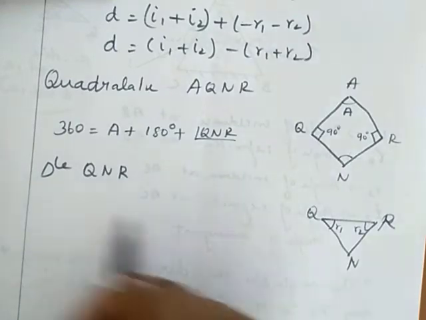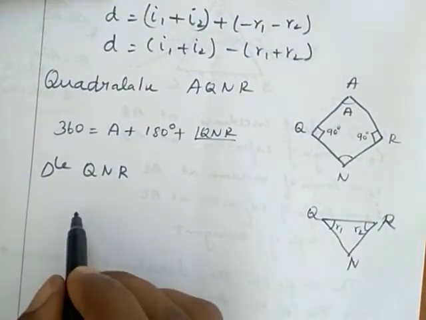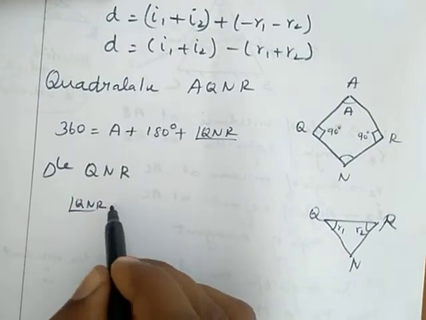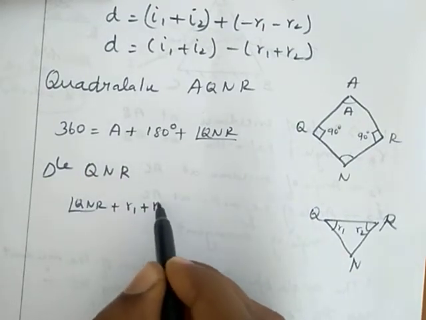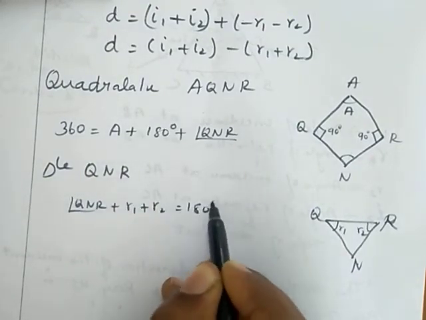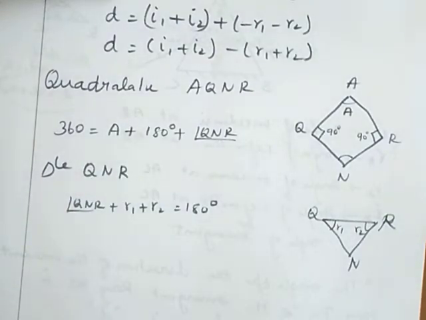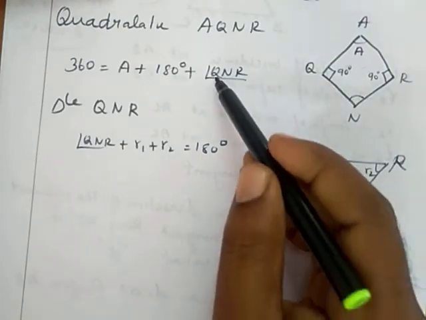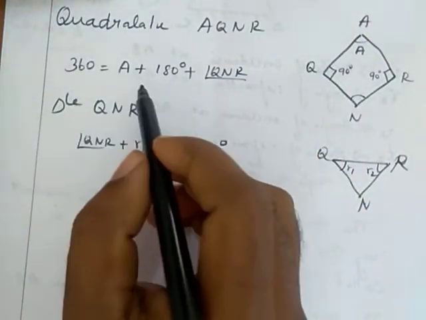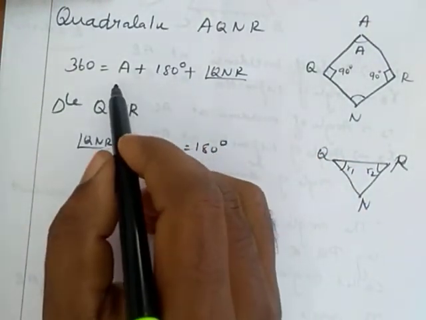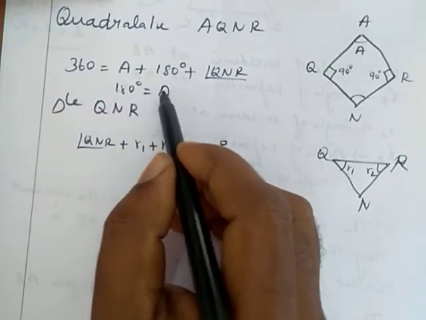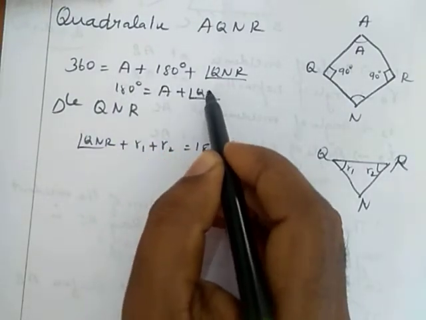So we can write the summation of the triangle will be 180 degrees, then QNR plus R1 plus R2 is equal to 180 degrees. So we can compare these two equations. This equation became 180 degrees is equal to A plus QNR.